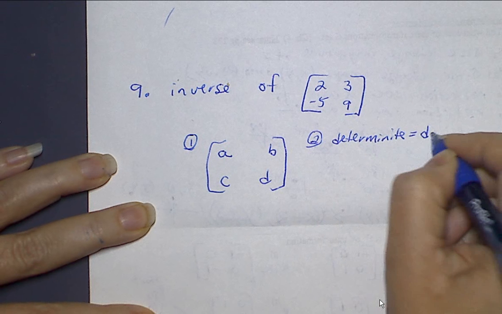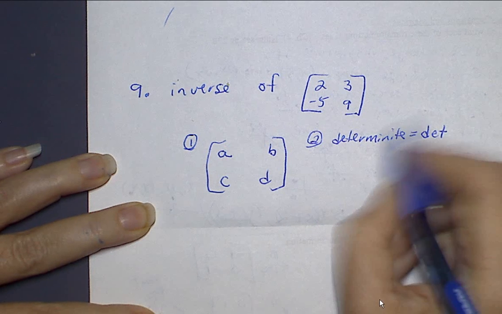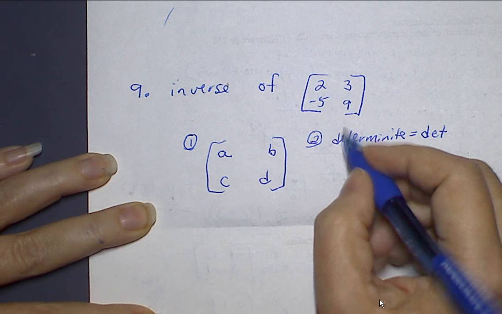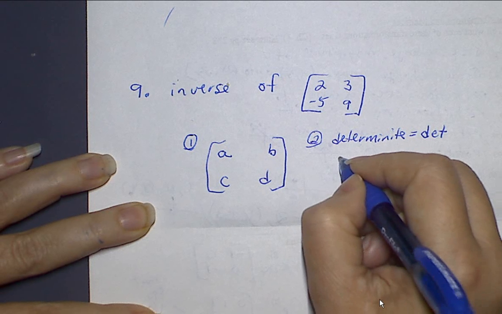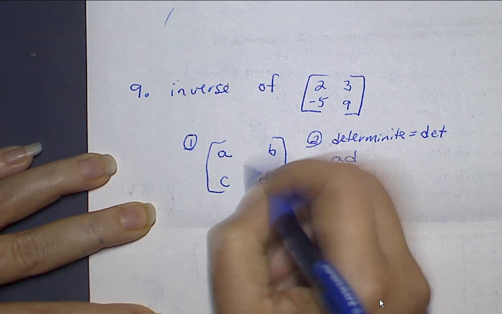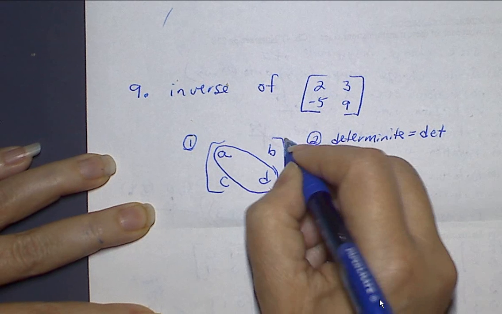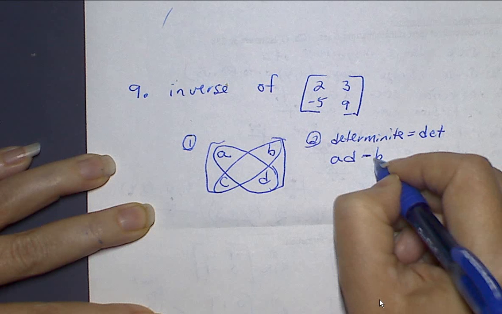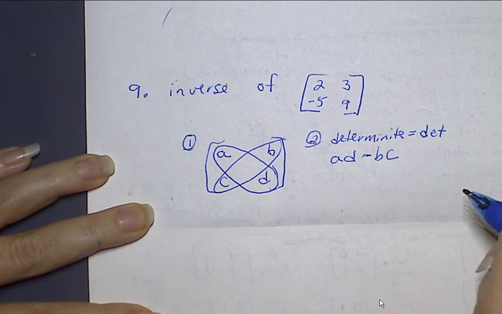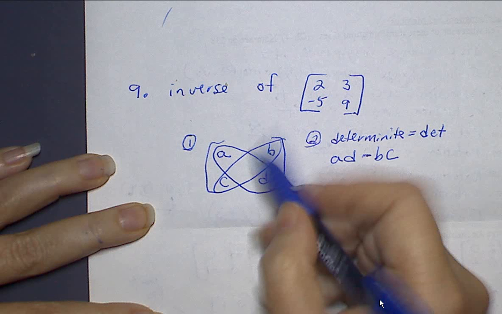Alright? The determinant is where you take your AD, so it's these two, multiply them together, and you subtract your BC. So it's going to be AD minus BC.